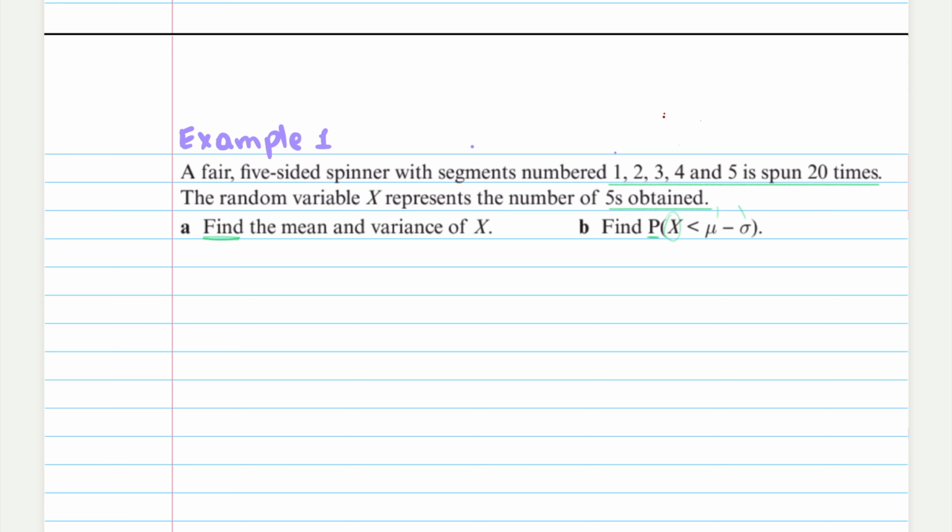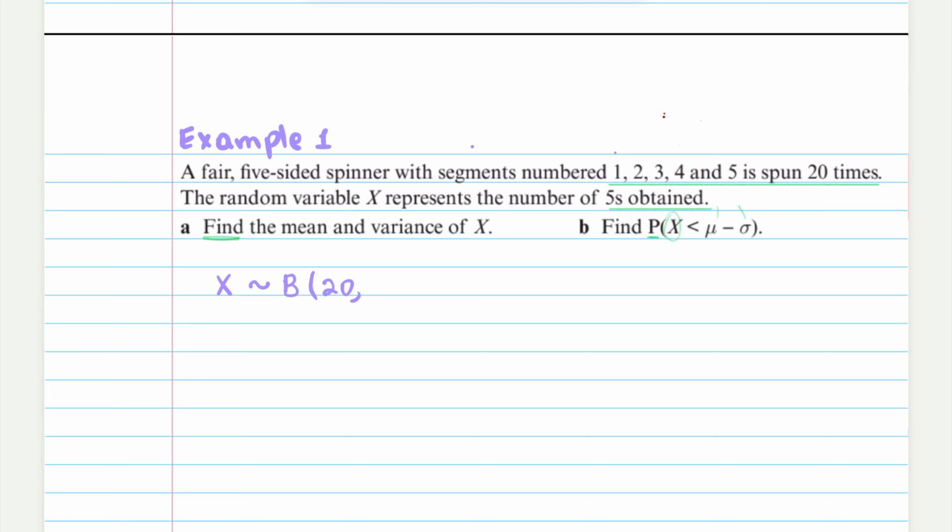To do this, we need to first define X. Let's say X has a binomial distribution of 20 trials. That is, the fair five-sided spinner will spin 20 times, and the numbers on it are 1 to 5.